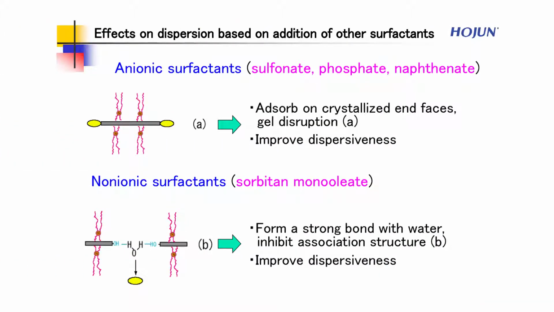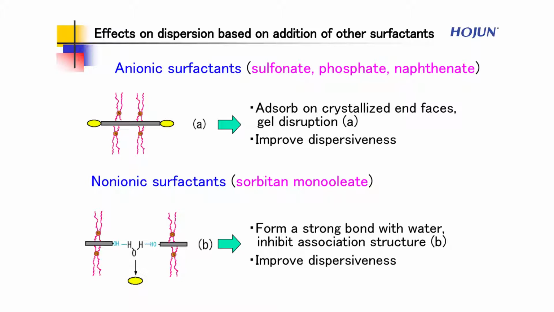In addition, here are additional examples of the effects that additional agents have on dispersion. As an anionic surfactant will adsorb onto the crystallized end faces and cap the portions that generate thixotropy, this causes gel disruption and decreases viscosity. This is sometimes used to promote dispersiveness and decrease viscosity.